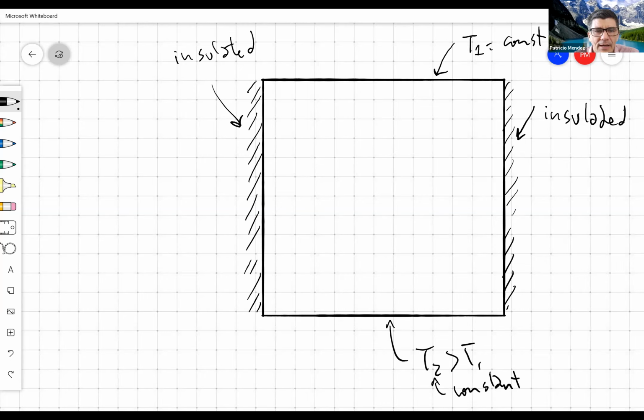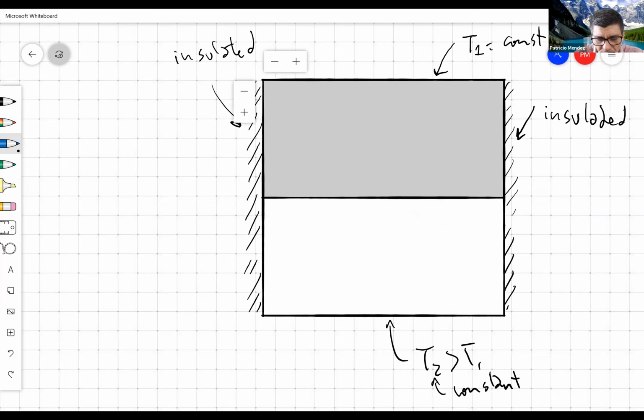let's look at the isotherms. We know that the isotherms are going to be parallel to the other isotherms.